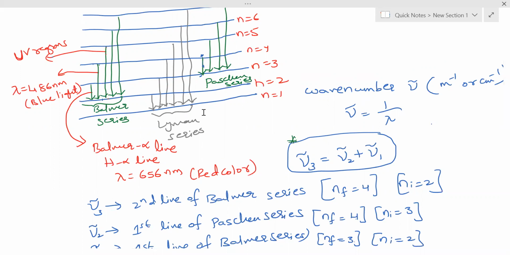In the Paschen series, the photons have wavelength greater than the Balmer series ones, so they will be in the infrared region, and those can be identified using a photographic film. They hit the photographic film, and those infrared region photons will be identified by it.